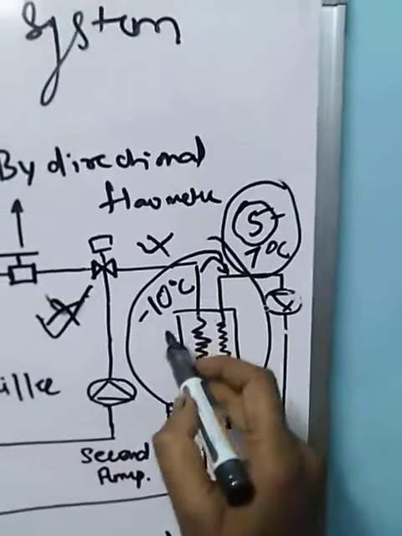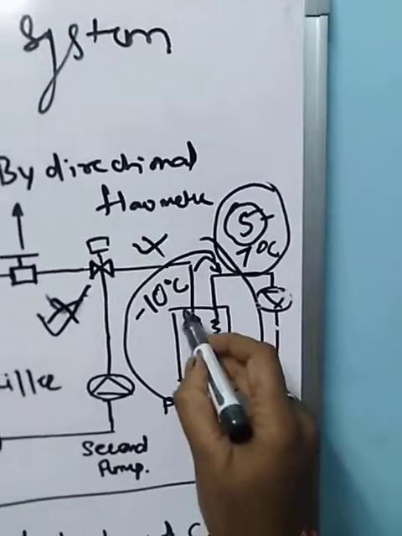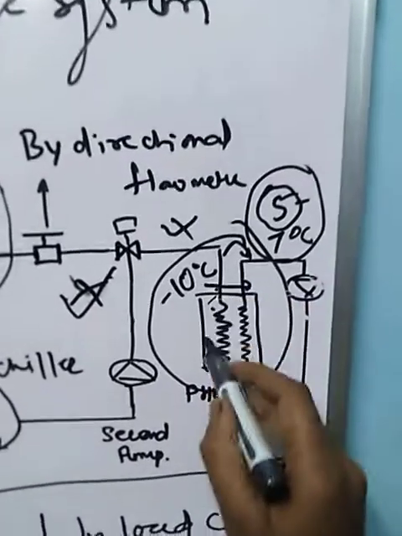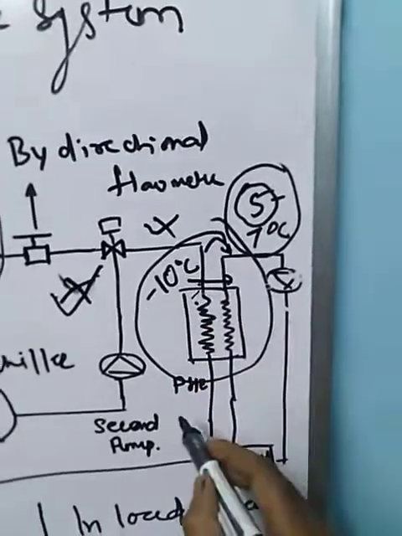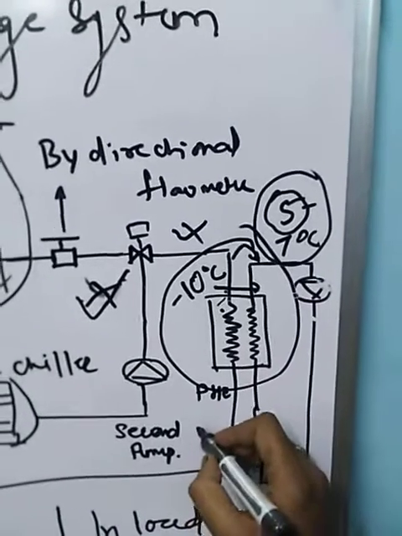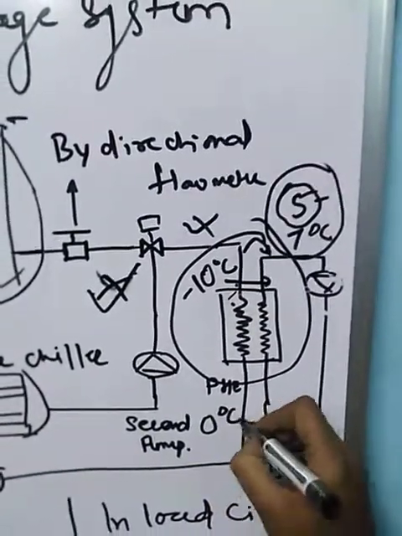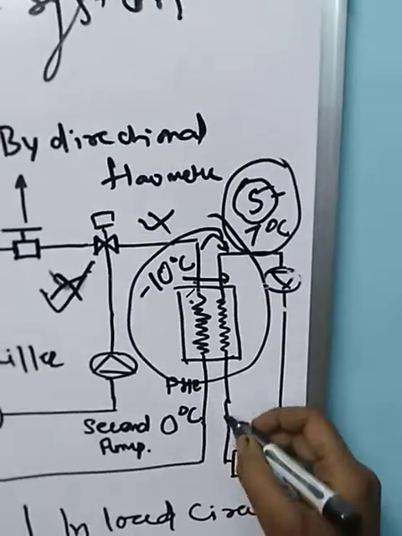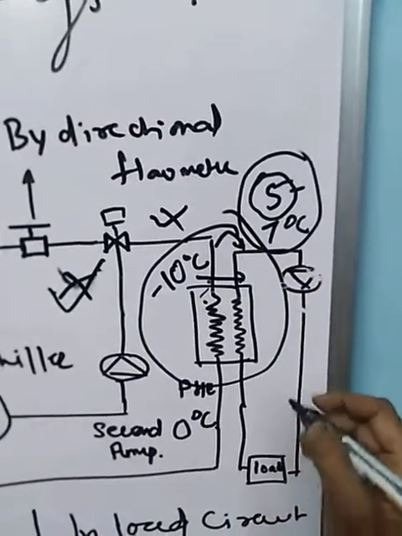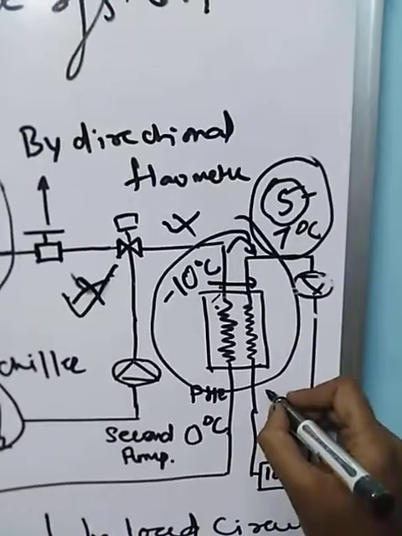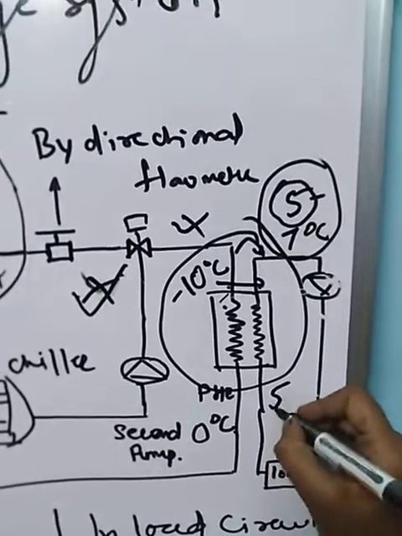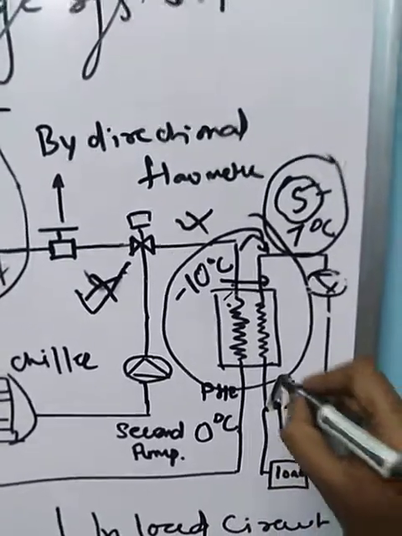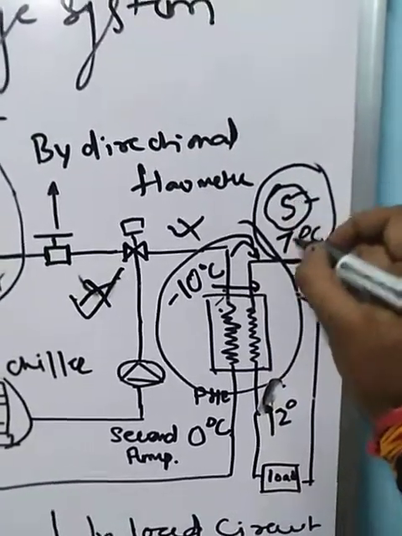So this heat transfer will happen from the primary circuit to the secondary circuit. This brine will become, for example, 0 degrees centigrade, and the secondary water will become, sorry, this is 12 degrees centigrade for example, and the outcome will come down to 5 to 7 degrees centigrade.